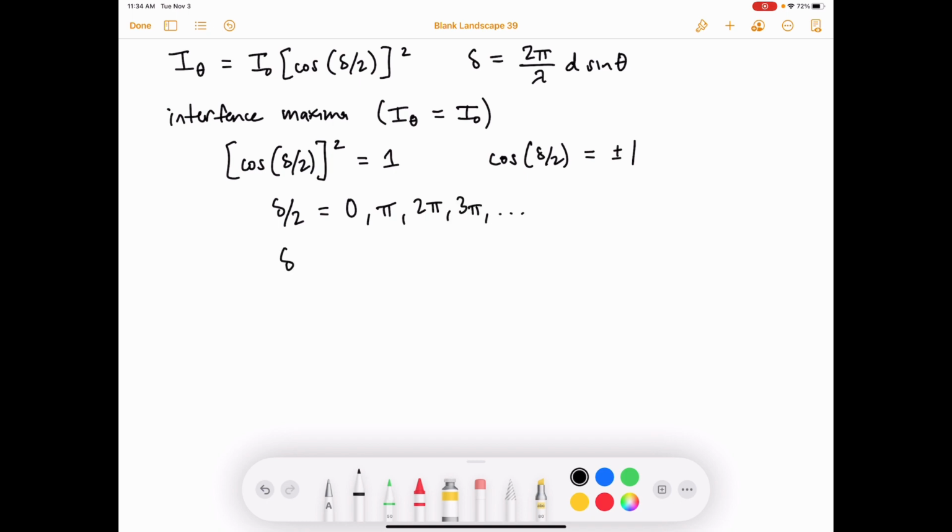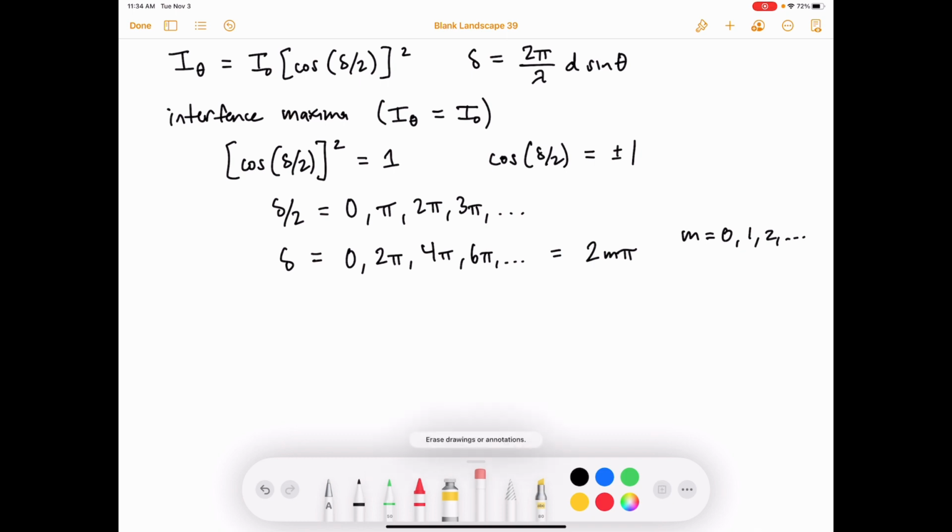So that means delta is equal to 0, 2 pi, 4 pi, 6 pi, and so on. Meaning delta is equal to 2m pi, where m can be 0, 1, 2, and so on.